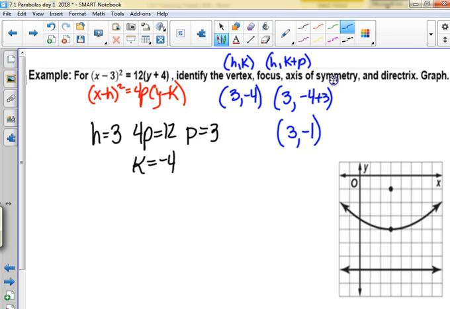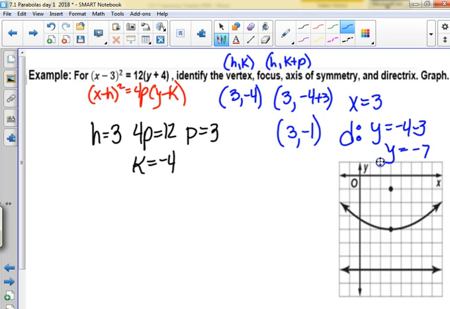Yes? Okay. Axis of symmetry, it says is X equals H. What's H again? 3. And the directrix, it says is Y equals K minus P, which is negative 4 minus 3, or Y equals negative 7.